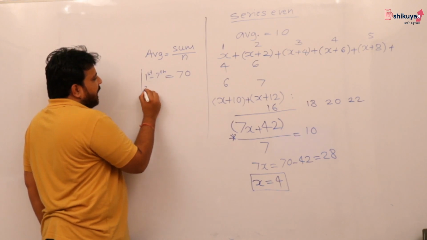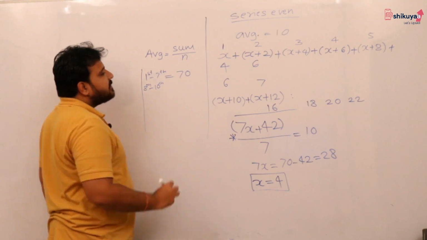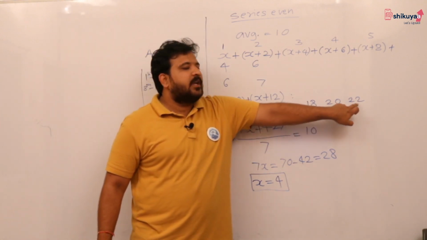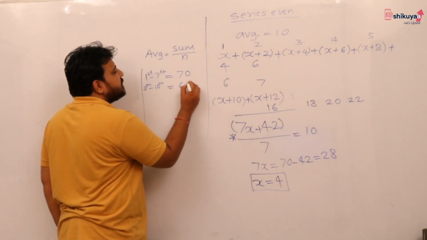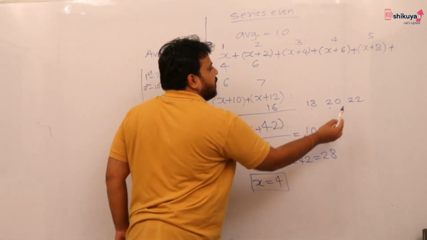Now, from the 8th term to the 10th term, that is the three numbers added to the series, 18, 20, and 22, the sum becomes 60. Am I right?